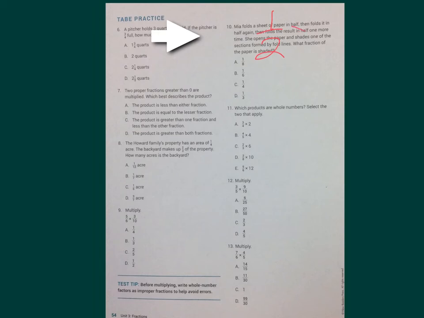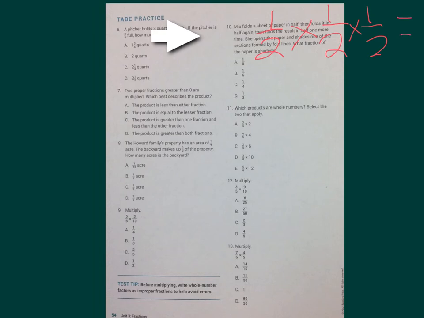So that's going to be times 1 half. Then she folds the results in half one more time. She opens the paper and shades one of the sections formed by the fold of the line. Which fraction of the paper is shaded?